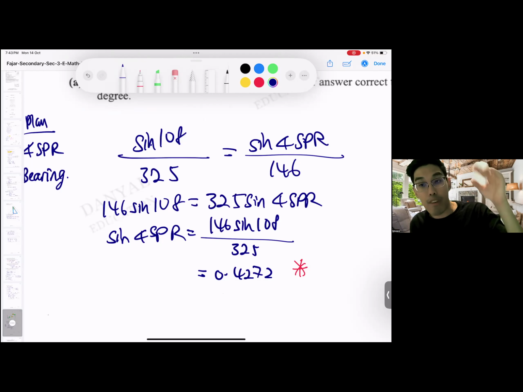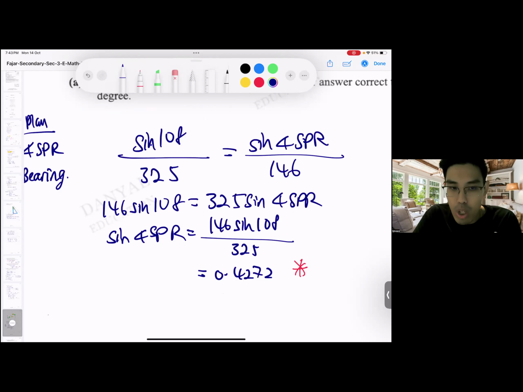When I write the 0.4272 here, I'm not using this value to key inside again to solve for SPR. I'm using the exact value here, to help me solve for certain things. I'm not pressing cancel, then writing 0.4272. No. I always use back my original value, to preserve the highest level of accuracy.